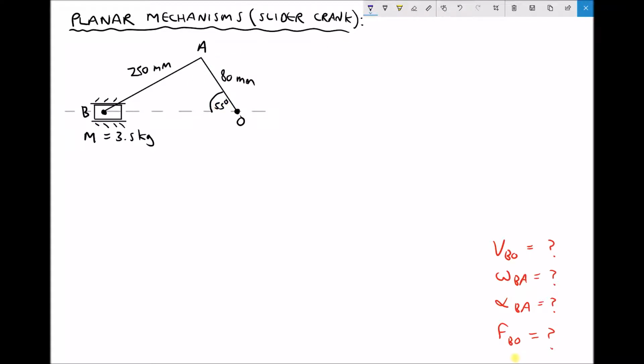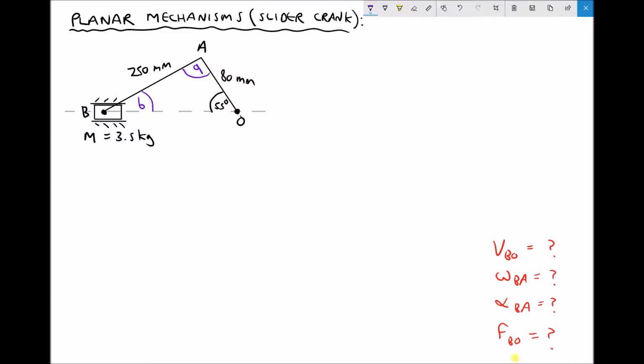Okay, so hopefully you recall from the previous video, the first thing that we needed to determine was the unknown angles within our geometry. So we need to determine this angle here, and we need to determine this angle here. I'm going to call them lowercase a and b, corresponding with the points on the geometry. Now the way that we're going to determine angle lowercase b is using the sine rule.